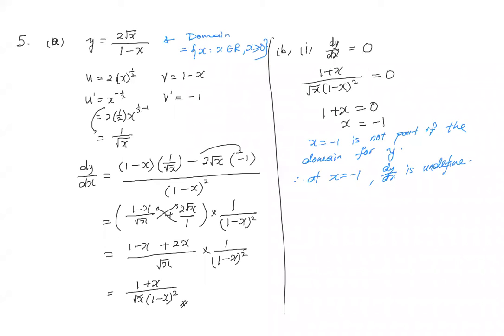See or not? So therefore, you can make a conclusion: there isn't an x value that results in dy over dx equal to 0. That means in this case, you can't find a horizontal tangent.